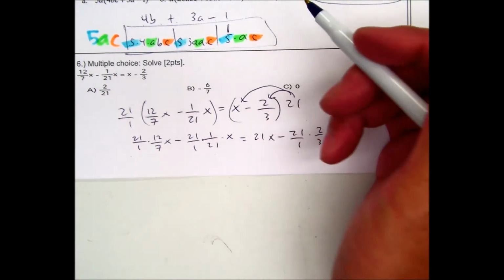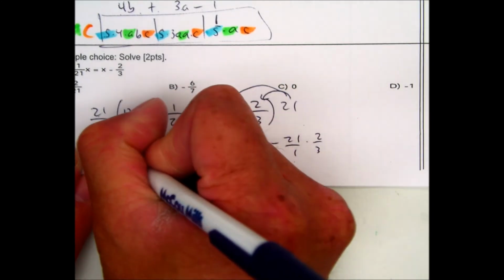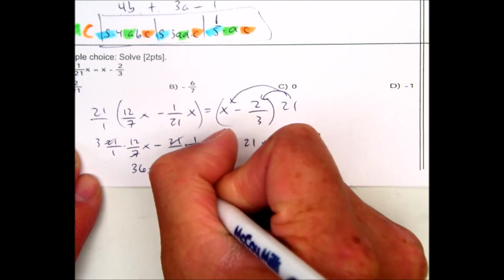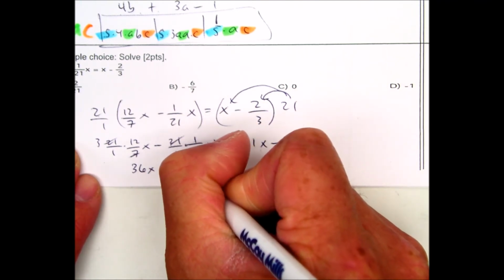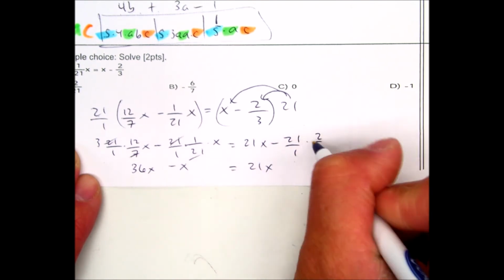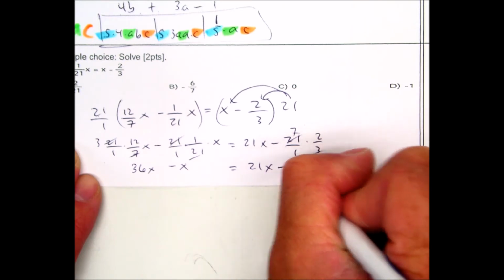Here I can just cross cancel. 21 divided by 7 is 3, so that becomes 36x. Cancel, minus x equals 21x, cross cancel, gives me a 7, so make it 14.